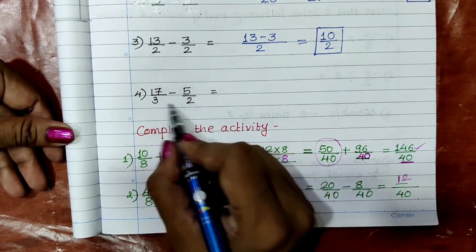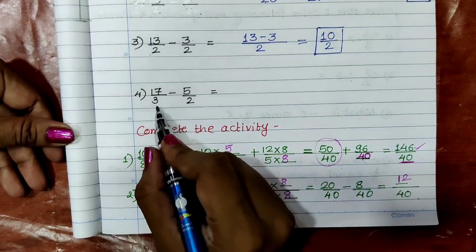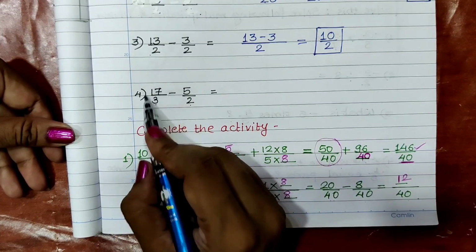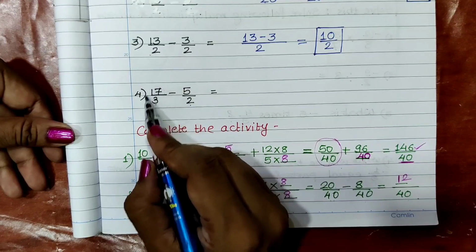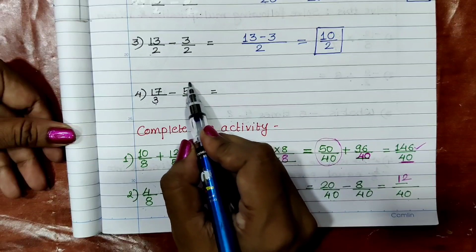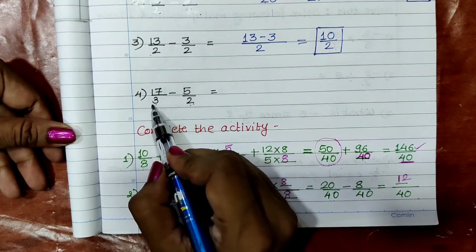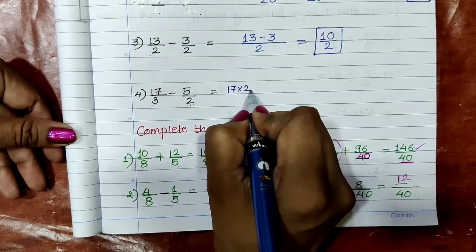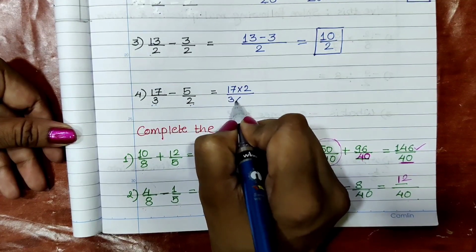Okay, now let us go to the fourth sum. Again we have to make the denominators equal, because here 3 is there, here 2 is there. That means we have to multiply the first fraction or first rational number by the denominator of the second, and multiply the second rational number by the denominator of the first. So let us do it. 17 multiply by 2 and 3 multiply by 2.